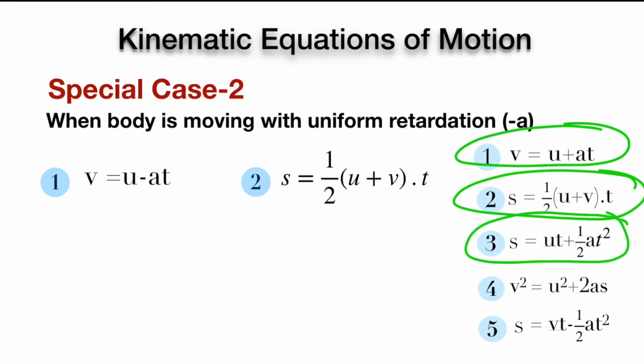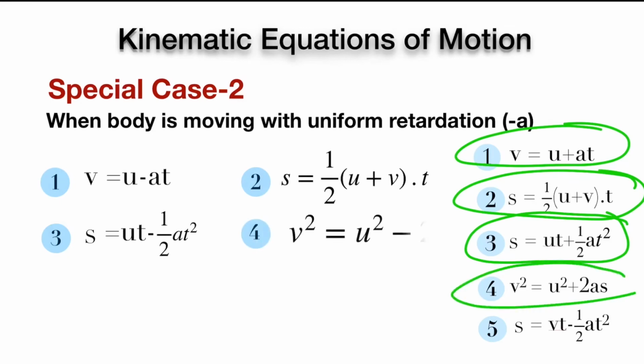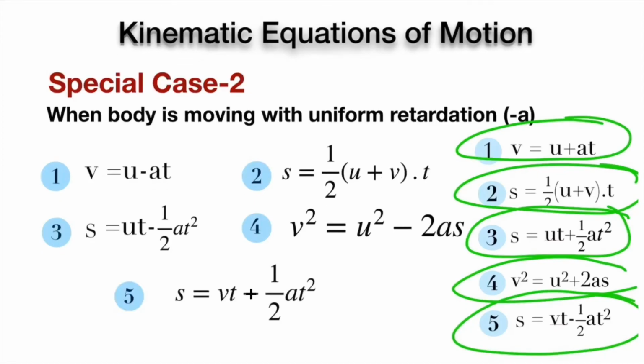Equation number 3 will be s equal to ut minus half at square. Equation number 4 will be v square equal to u square minus 2as. And for equation number 5, remember a is retardation, because the negative sign we already included in these equations.